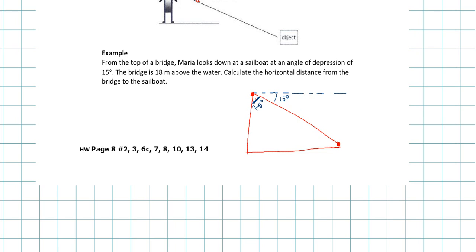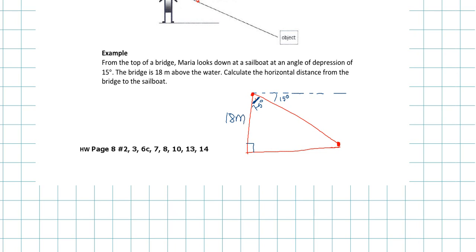Now, the bridge is 18 meters above the water. So where is the bridge? How long is the bridge? 18. So where do I draw that? The vertical one, because the bridge is standing up. And it's asking to calculate the horizontal distance from the bridge to the sailboat.